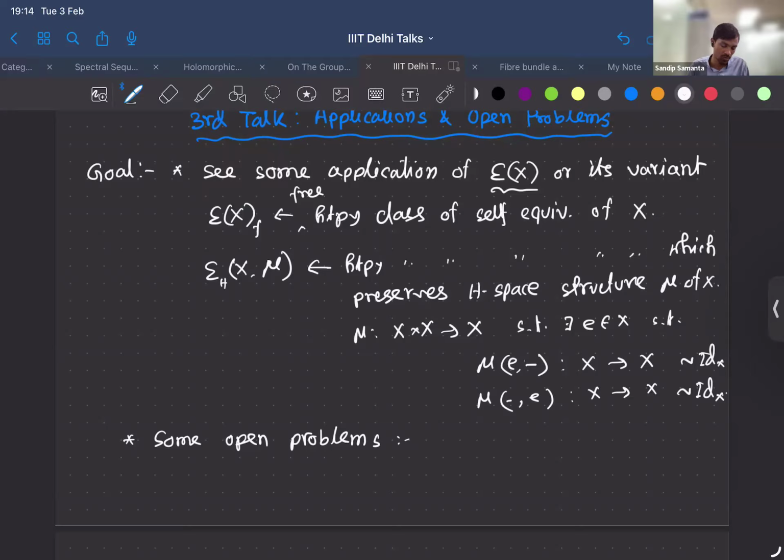Some of them have been open for quite a long time. We'll see some of those, which are quite important.